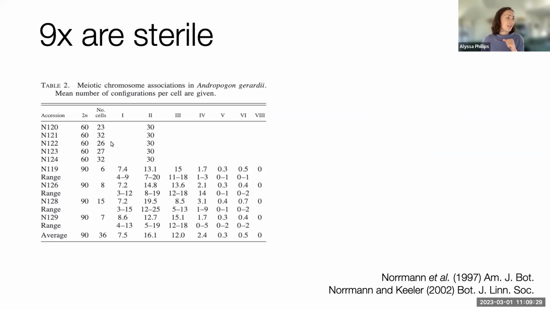Here we're looking at the counts of bivalents and multivalents in the hexaploids and the aneuploids. What we see is that the 9X individuals have these common meiotic irregularities. They have all kinds of multivalents and univalents forming, while the hexaploids mostly form bivalents.